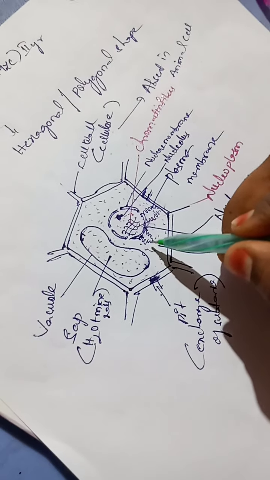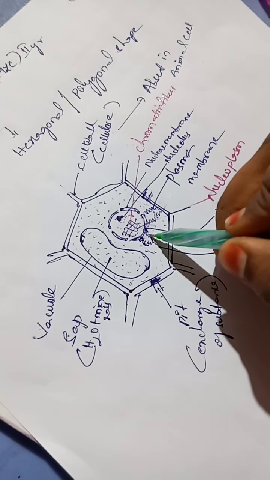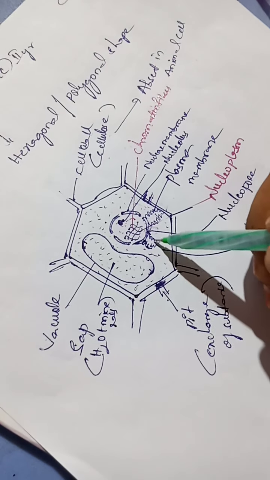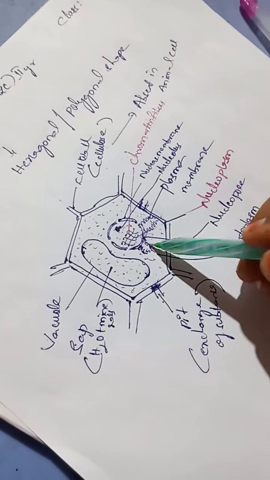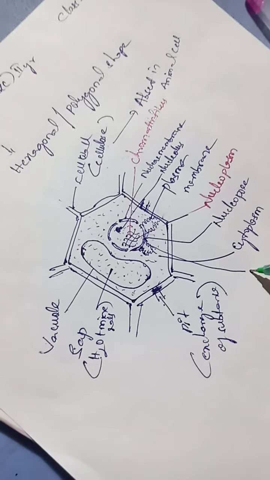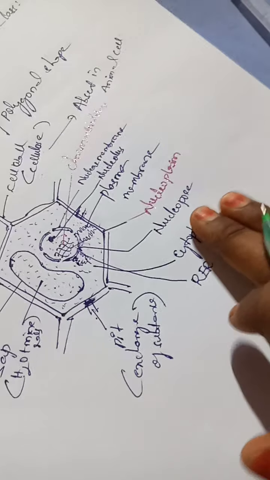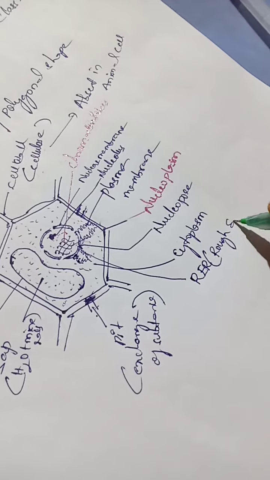The ribosomes, another cell organelle, are located on the endoplasmic reticulum. So the endoplasmic reticulum with ribosomes located on it is called rough endoplasmic reticulum, RER. What is it called? Rough endoplasmic reticulum.